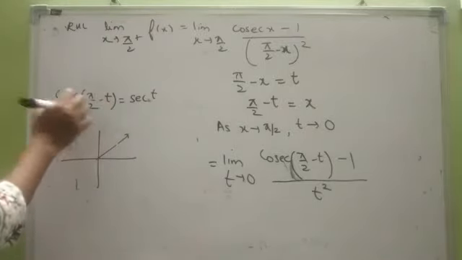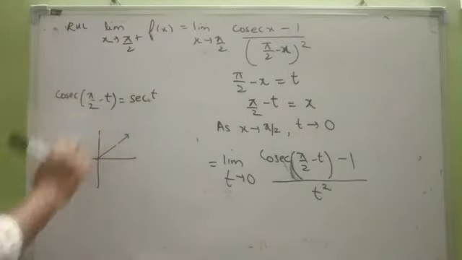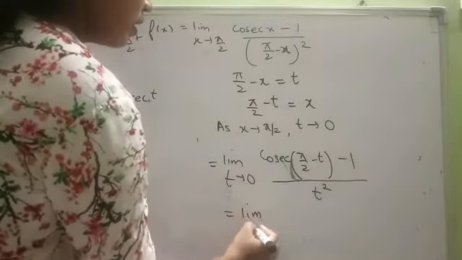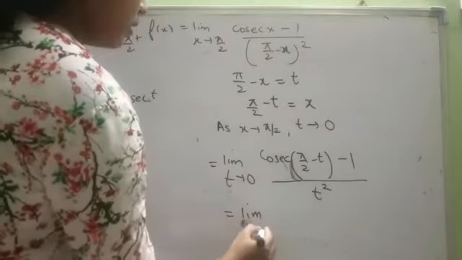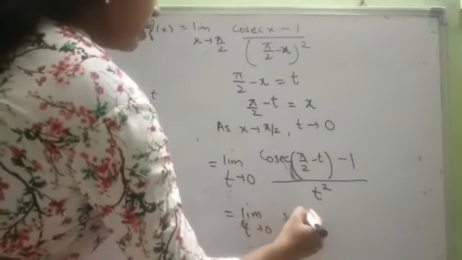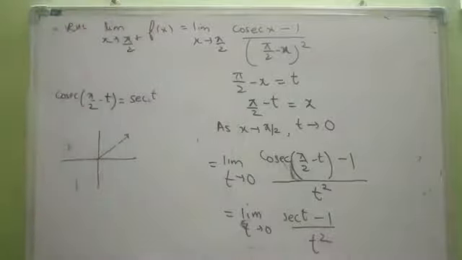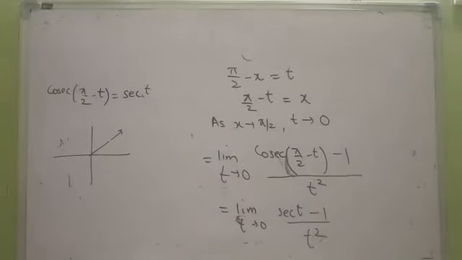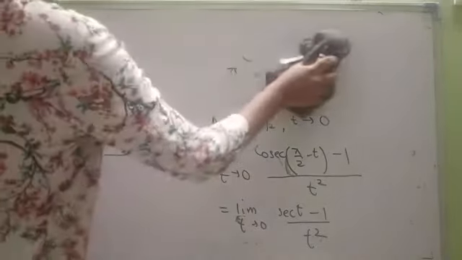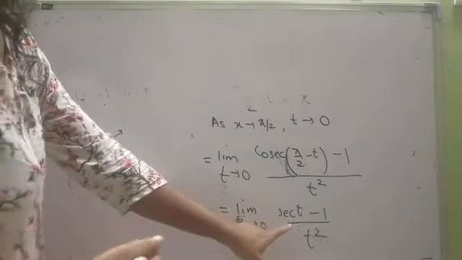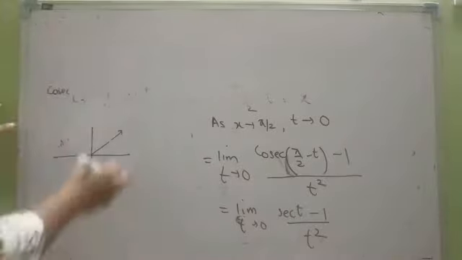But now since this is a fraction, cosec will get converted into sec. So this will be sec of t minus 1 upon t square. Okay, so this is sec of t minus 1 upon t square.